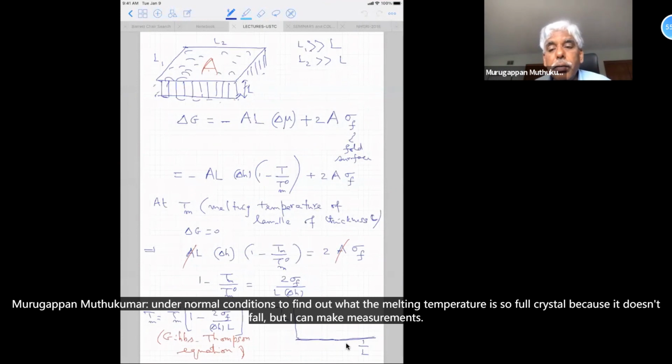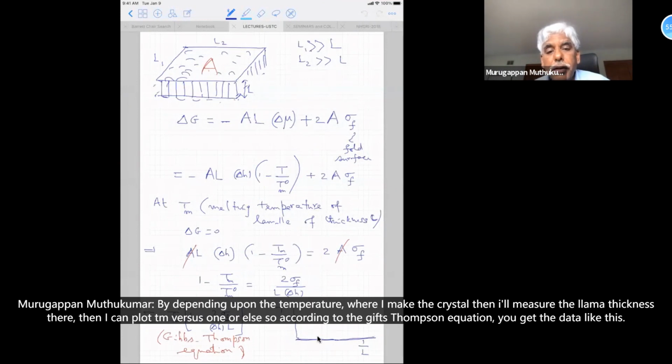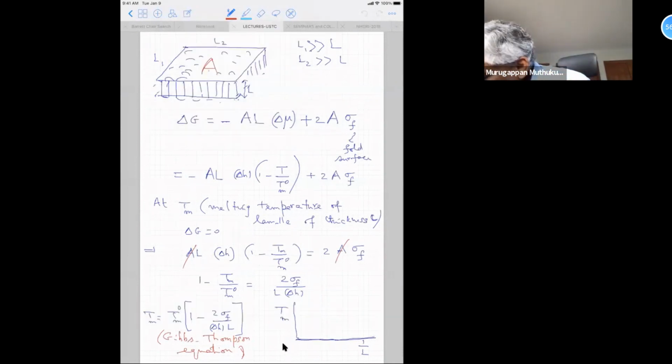But I can make measurements, depending upon the temperature where I make the crystal, then I measure the lamella thickness there. Then I can plot Tm versus 1 over L. So according to this Gibbs-Thomson equation, you get data like this. That's what you get.